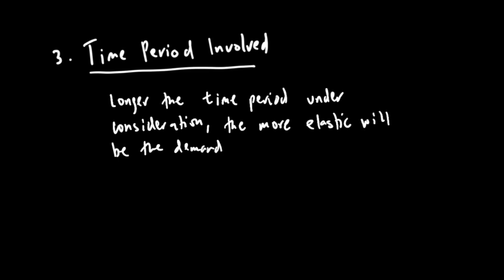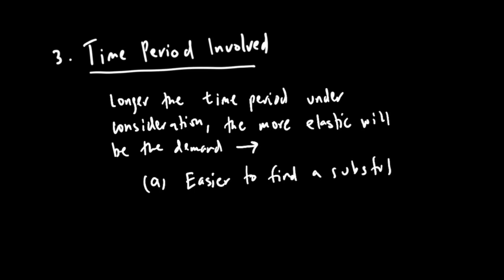Why will the demand be more elastic? Well, if there's a longer time period under consideration, it's easier for consumers to find a substitute. So the first reason is that it's easier to find a substitute. It's difficult to find a substitute in a small time period, but it's easier in a longer time period.